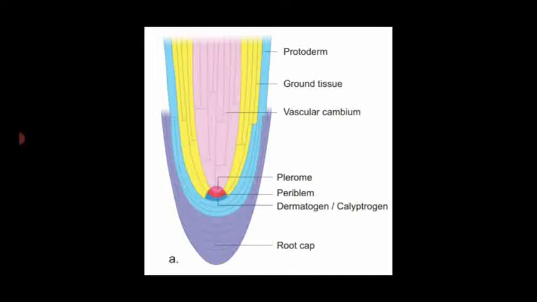Then the stelar region, pink color, gives the vascular cambium. So protoderm, ground tissue and vascular cambium are derived from the different zones. From the pink plerome, vascular cambium is developed. From the dark red periblem, ground tissue, which is yellow color, is developed. Then the dermatogen, the outermost layer, produces the protoderm. So this theory is known as the histogen theory, proposed by Hanstein and supported by Strasburger.